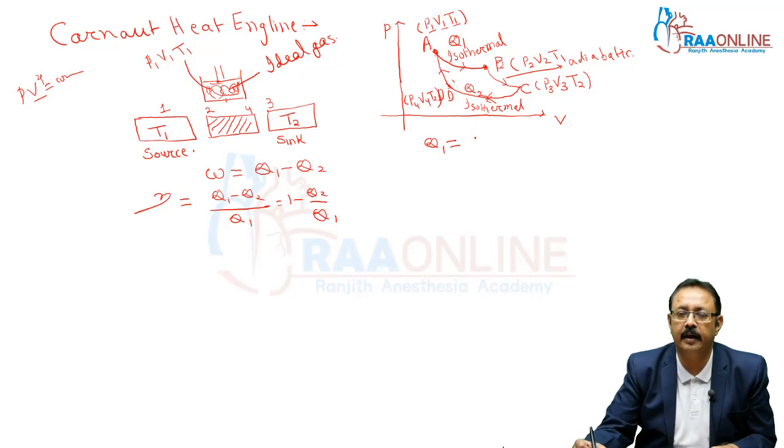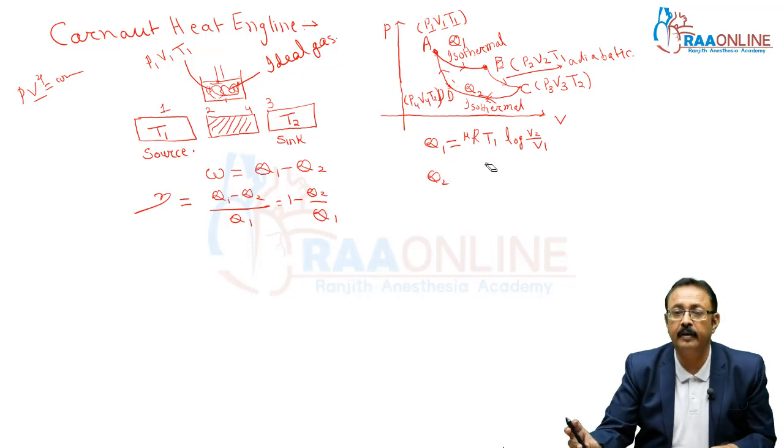So we can say mu R T1, temperature was constant at T1, log, final volume V2 divided by V1. It was Q1.